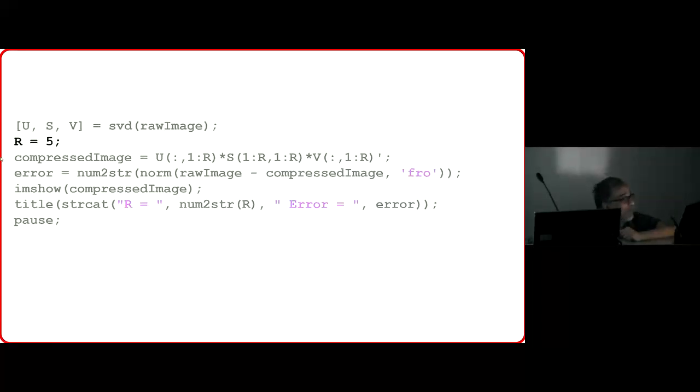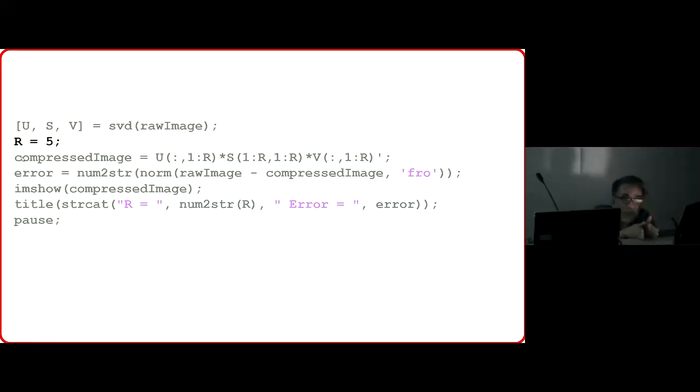Now what I'm doing is R equals 5. I'm taking the SVD, USV. For the compressed image, I'm taking only the first R columns of U, the first R singular values, and the first R columns of V. And R is 5 here.